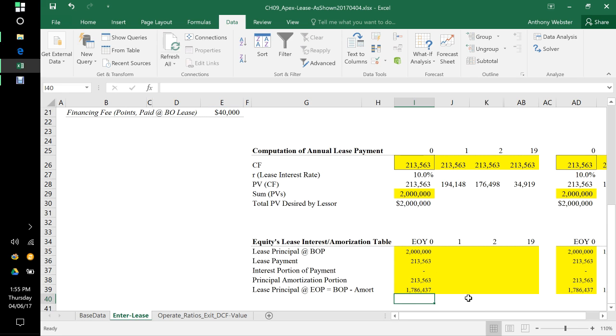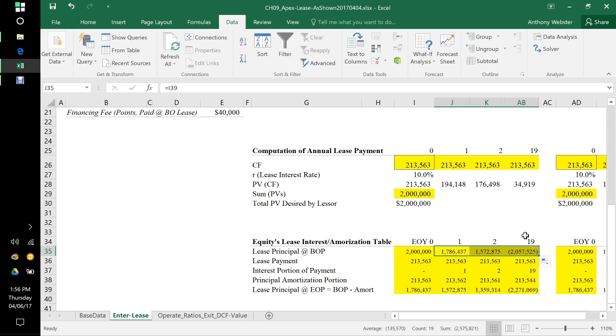I think everything that I have here is a pretty general formula, except I need to say that principal at the beginning of period 1 is the same as the end of period 0. But I think all the rest is pretty general unless I made a mistake. So I can copy these over.